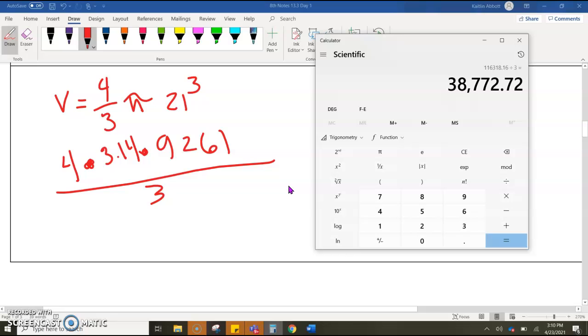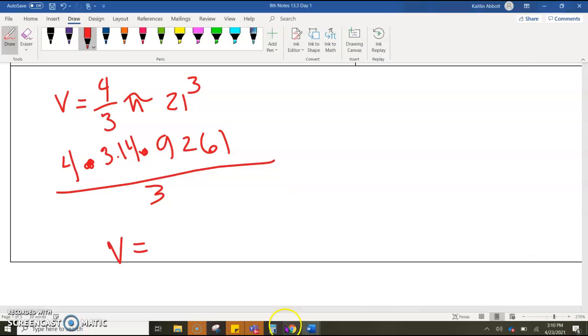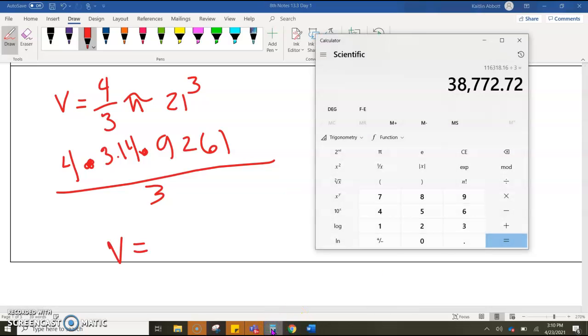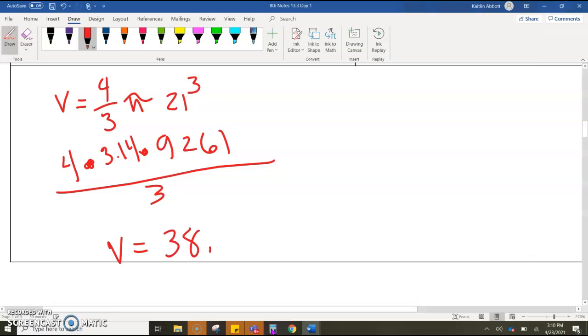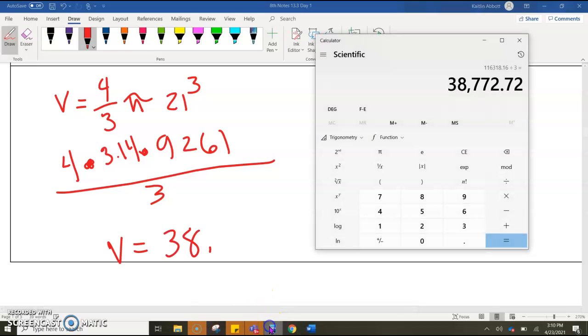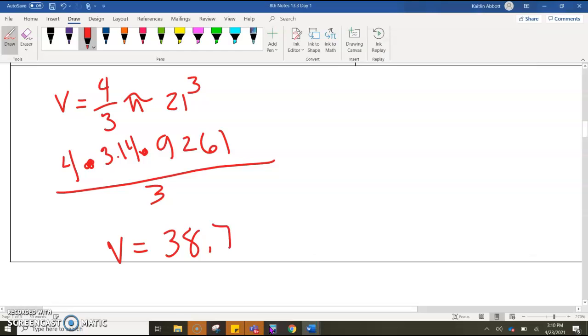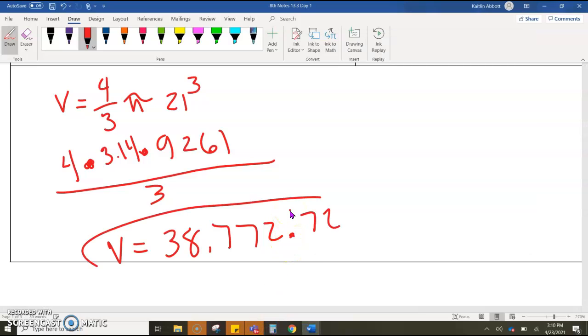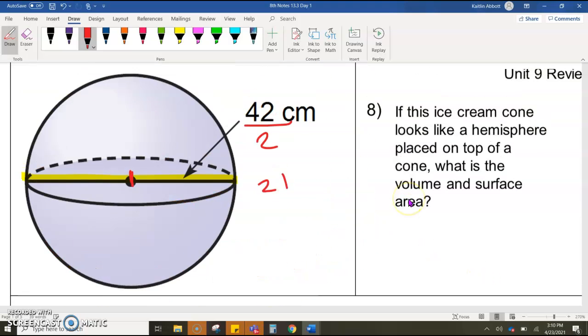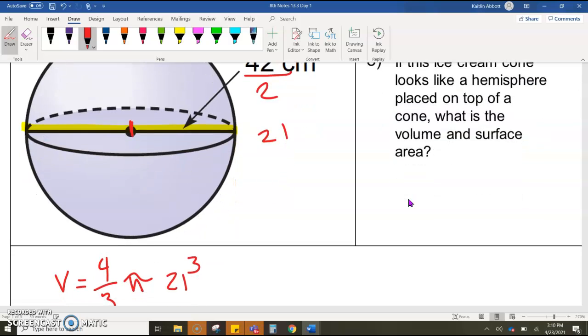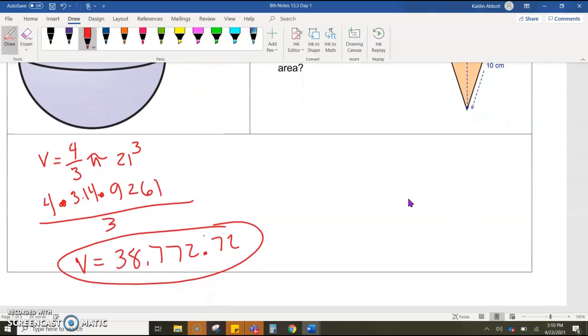So we get volume equals 772.72. And there you go. That is humongous. Hopefully most of these are not ginormous. But there you go. There you have it.